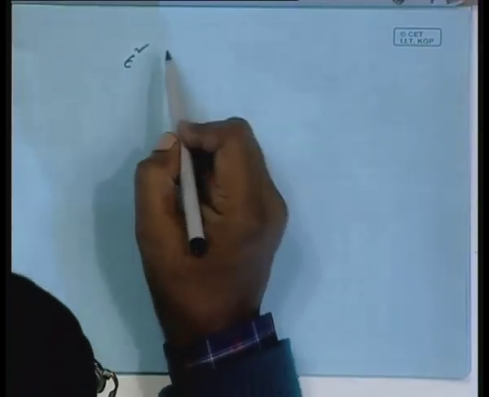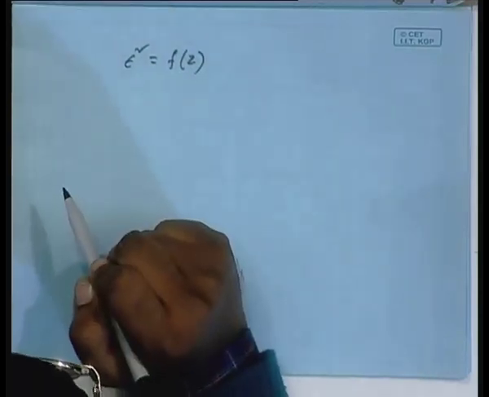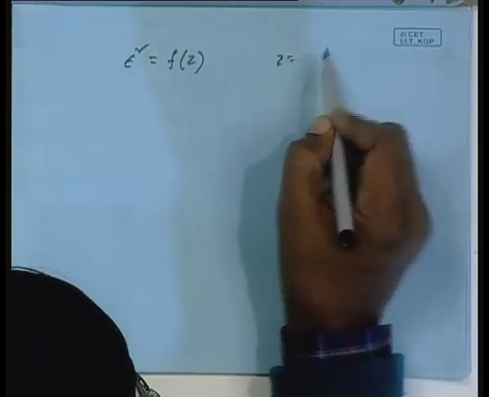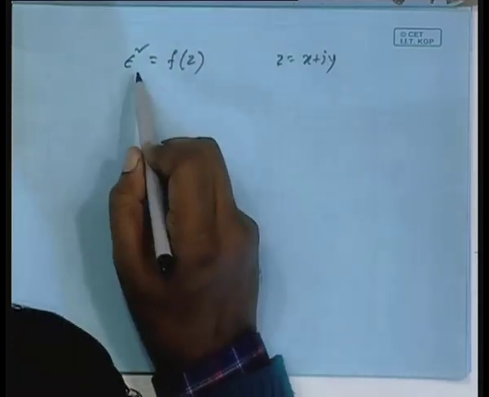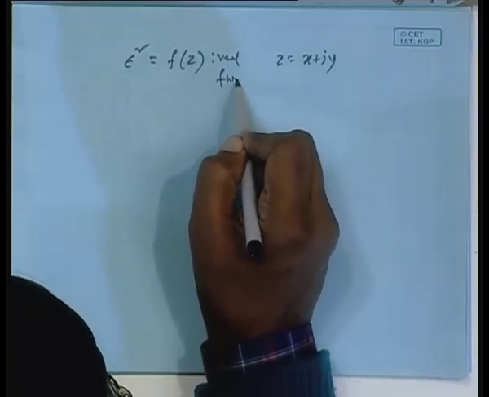Suppose I have a general function epsilon square. Suppose it is a function of one variable z, and z is x plus jy, but epsilon square is a real function. That is very important.